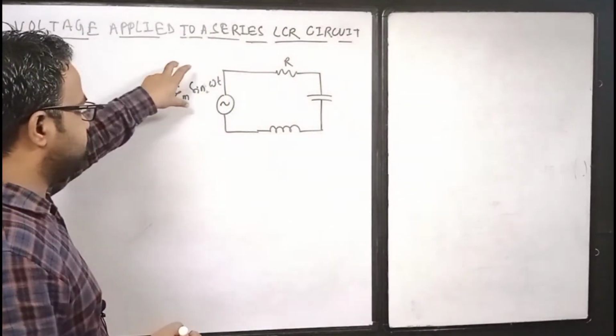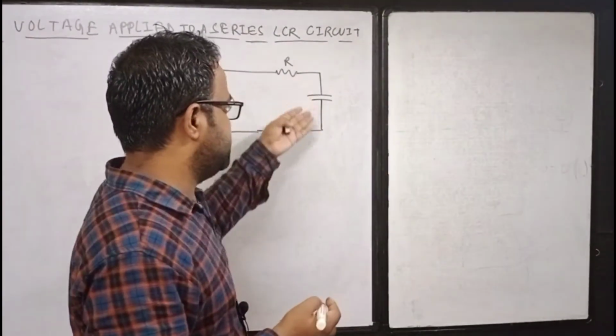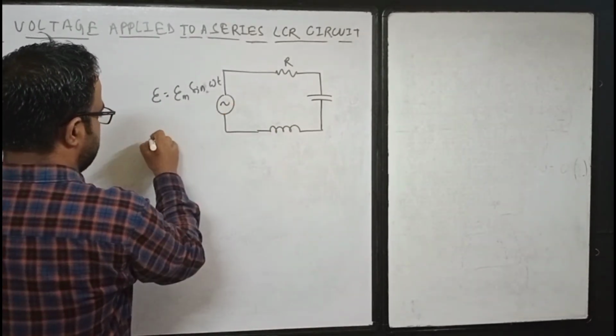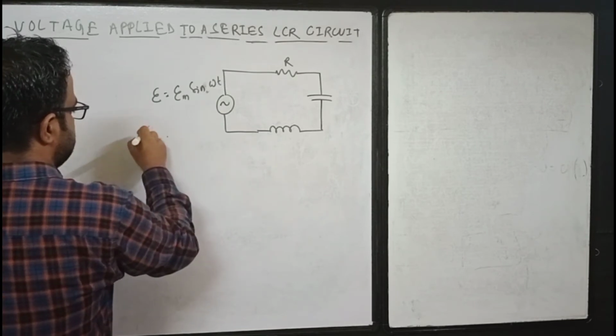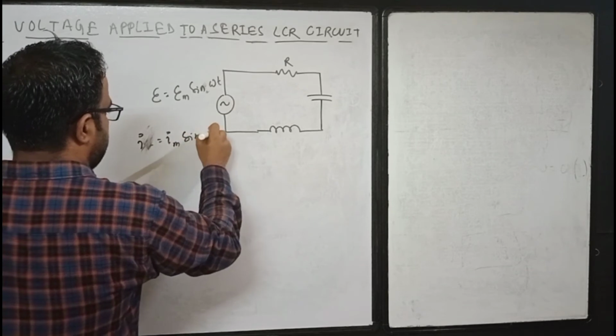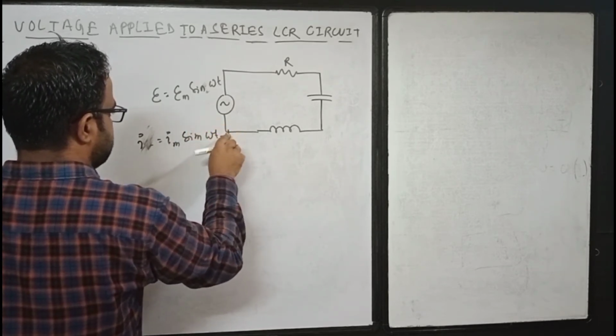So we are providing an oscillating voltage, so we are expecting an oscillating current in the circuit, and let's say we will get the current I, which we can represent with small i, is equal to Im sine omega t minus phi.